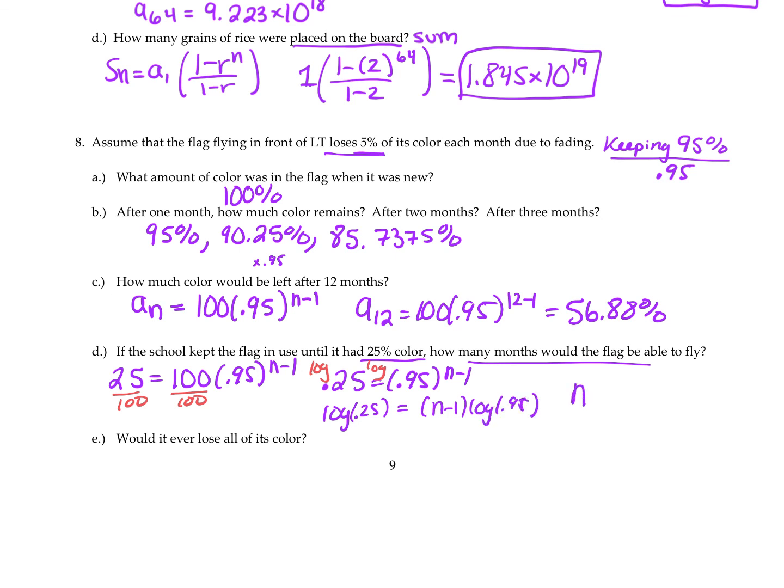Just like the one we did above, first I'm going to divide by the log of 0.95, and then I'm going to add 1 after that. So n is going to equal the log of 0.25 divided by the log of 0.95 plus 1. And so it'll be 28.027 months.